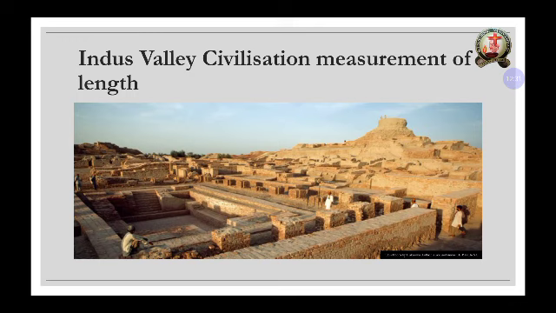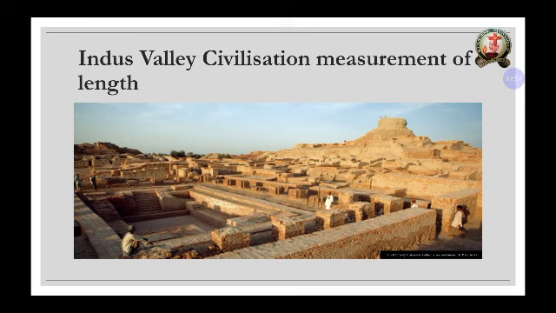Okay, children, with this you can understand why measurement is very, very important. If you don't measure accurately, what will happen? You cannot create a perfect structure for anything. For example, if you want to buy a shirt for yourself and you don't take accurate measurements, it will look shabby.